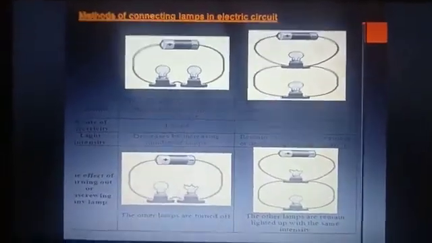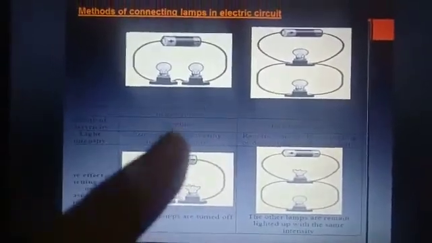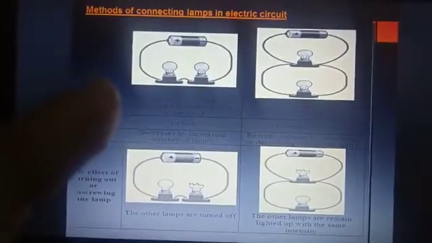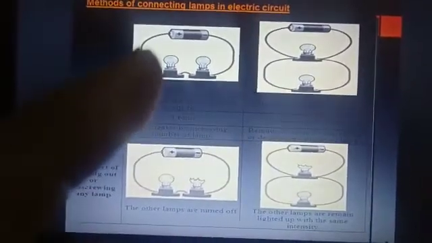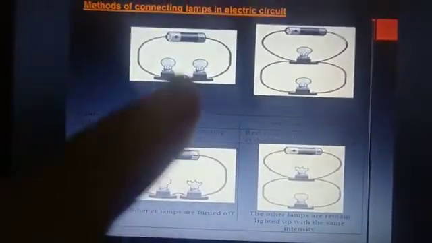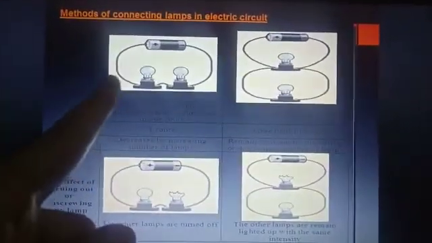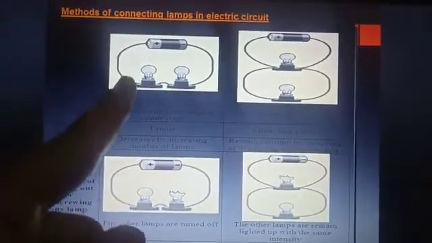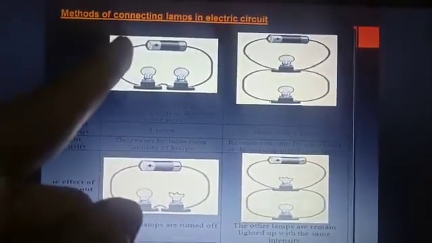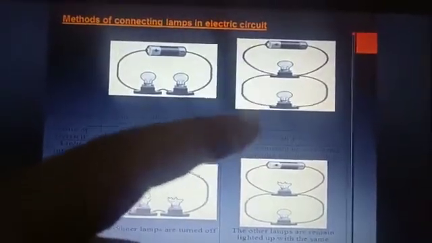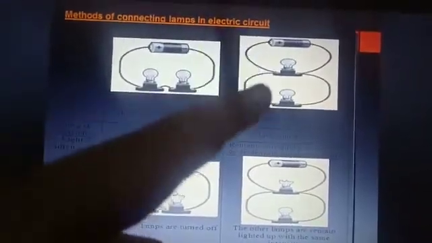What is the difference? In series connection, it's a way to connect the lamps, and they are connected one by one, in one route. It means in one wire. This is in series. In parallel, they are connected but in many routes, branching routes.